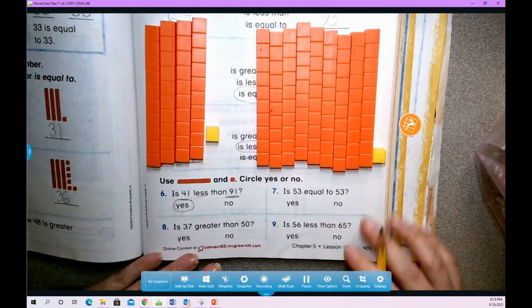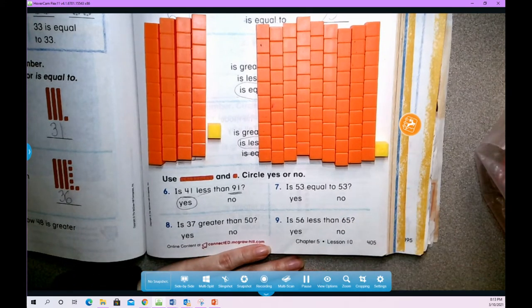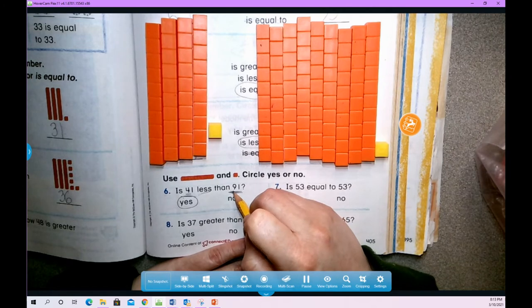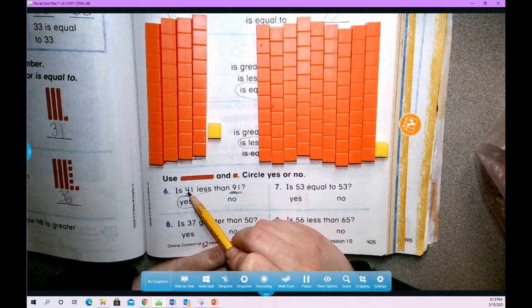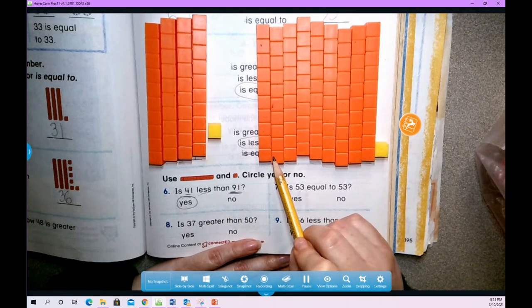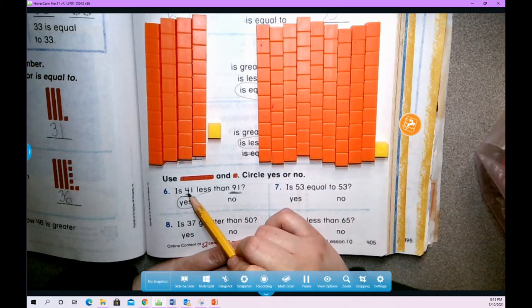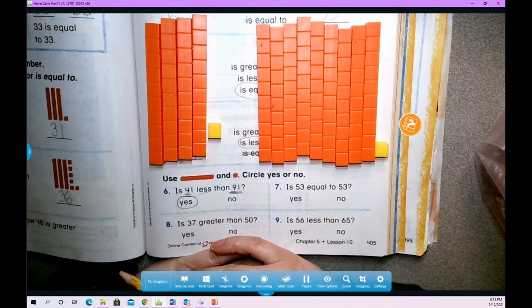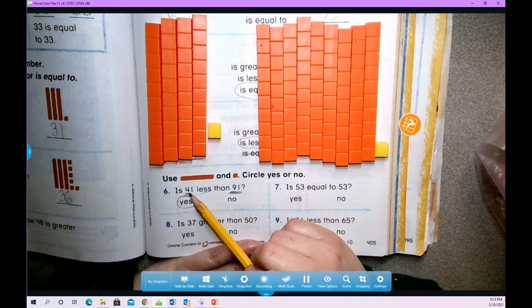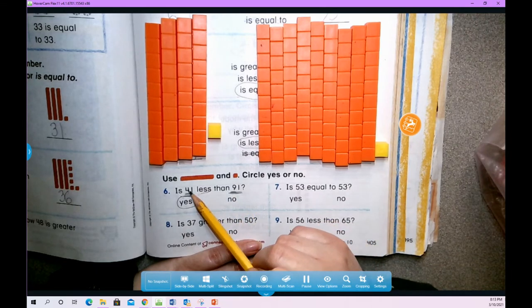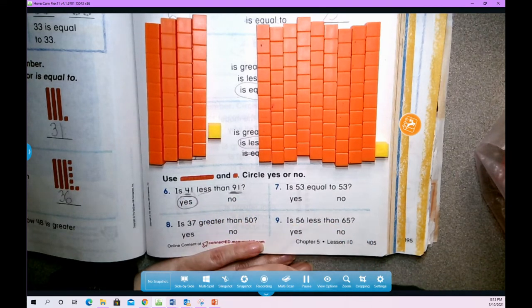Now another way of checking would be to look at my tens. This one means I have 4 groups of 10. This one means I have 9 groups of 10. So just by looking at the tens place value, I can tell if one is more or less. Is 4 less than 9? It is. So I know that this is yes.